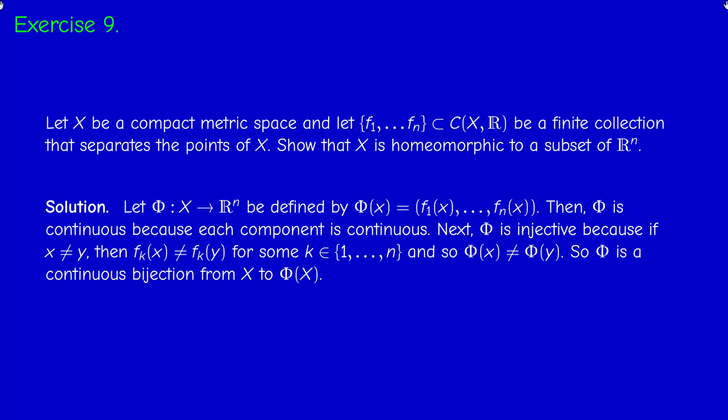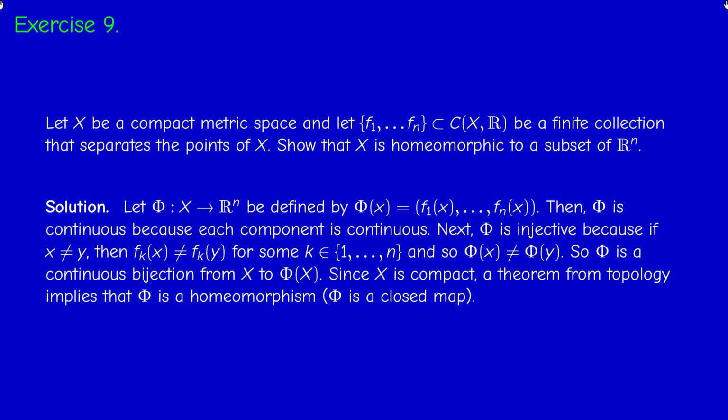And since phi is continuous, phi of A is compact as well. So we have a compact subspace of Rn, and therefore it's closed. So phi maps closed sets into closed sets, and this is equivalent to the continuity of phi minus 1. So we proved that, in other words, X can be embedded in Rn.